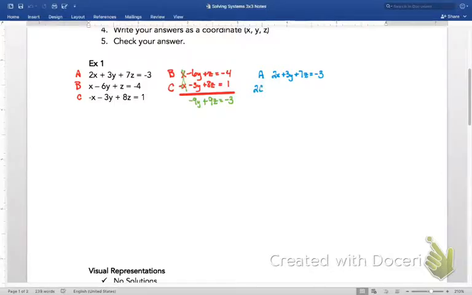Why did I write 2C? Because I'm going to multiply everything by 2, right? So I'm just going to take everything here. It just saves me an extra step. So then I'm going to have negative 2x minus 6y plus 16z equals 2.